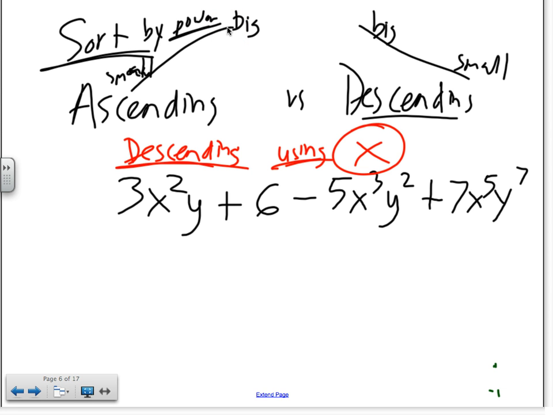And I just have to be in descending order, meaning from the biggest power to the smallest power. So let's take a look for x. This x has a power of 2, so it's the 2nd power. This x has a power of 3. This x has a power of 5. But then you look at here and you say, wait, this is 6. There's no variable in this. So then, if it has no variable, then what does it mean?